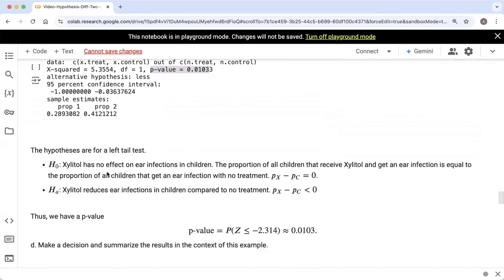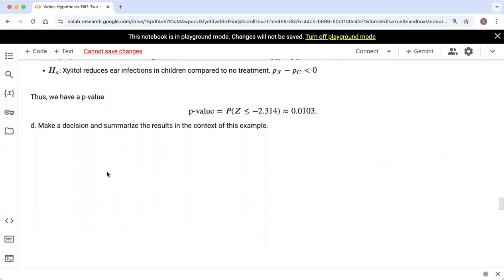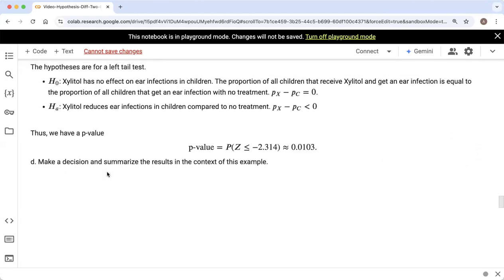And so we got a p-value of 0.0103. If we are doing this test, way back at the start, we said we want to choose, here we're making a medical decision, so we chose a small significance level of 1%. Our p-value is just barely above that significance level of 1%. So if we choose a 1% significance level, this result, although it seemed fairly unlikely, is actually not unlikely enough.